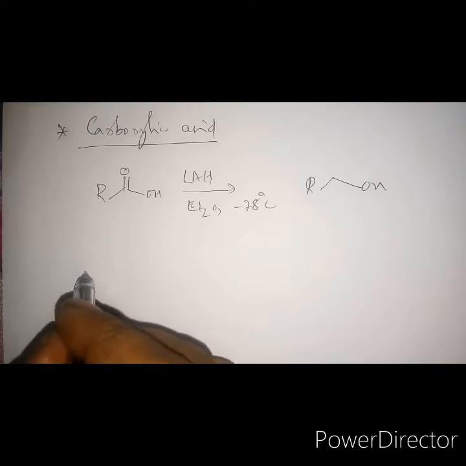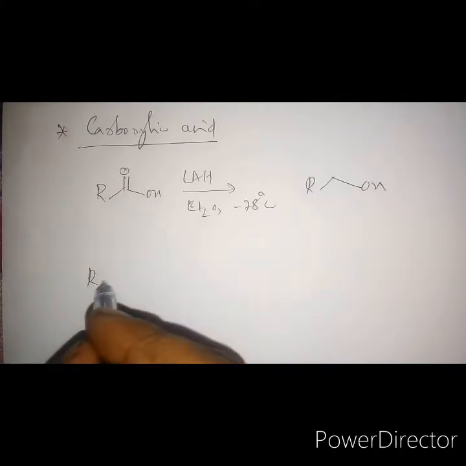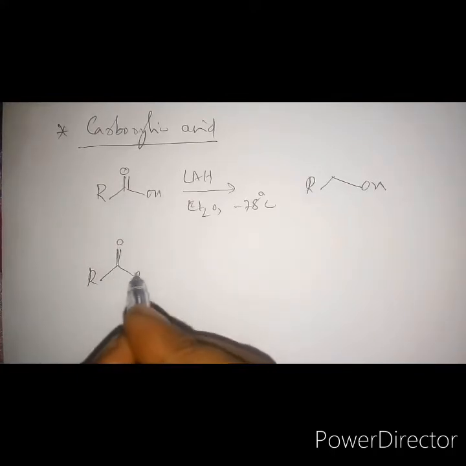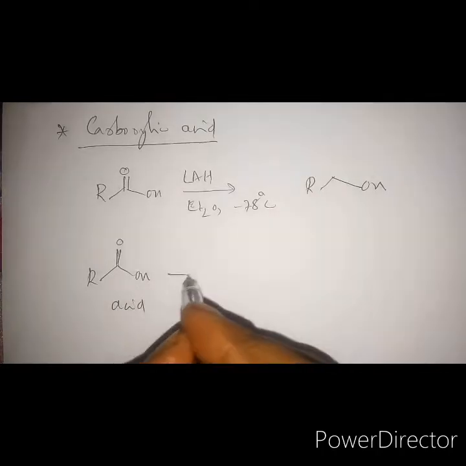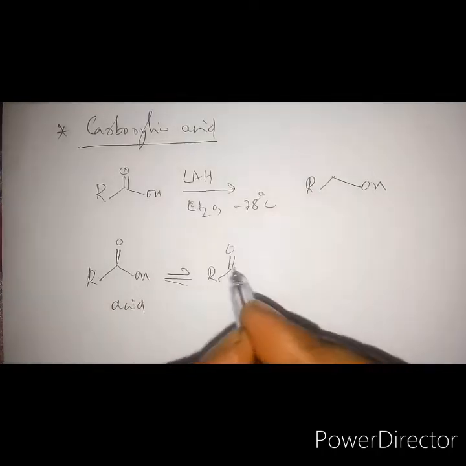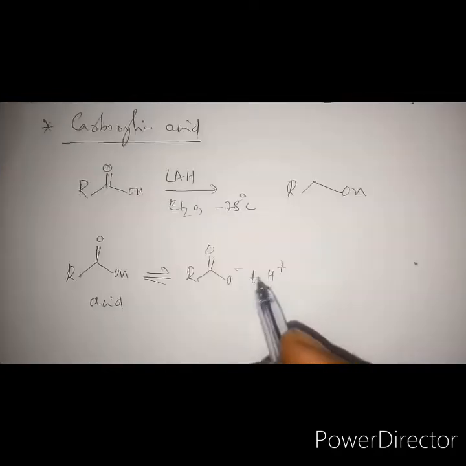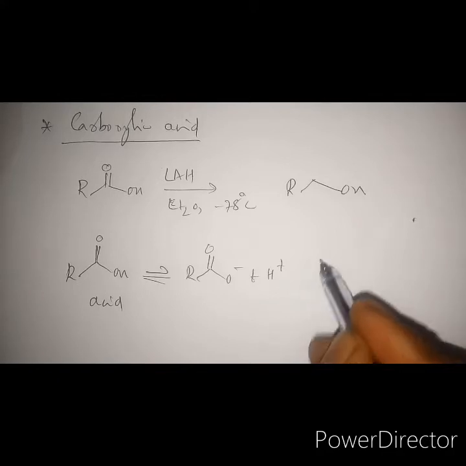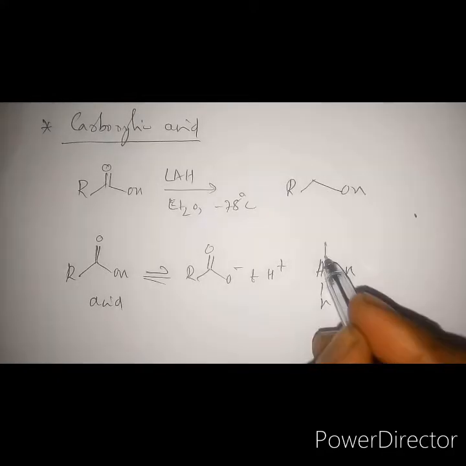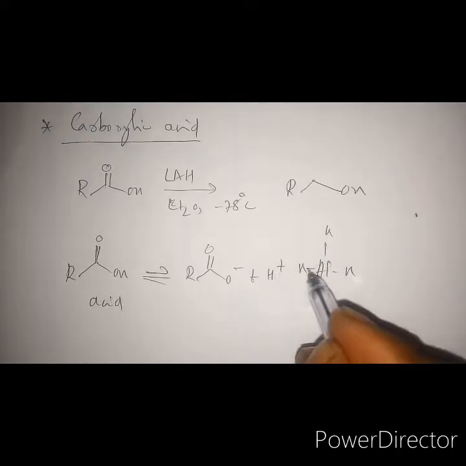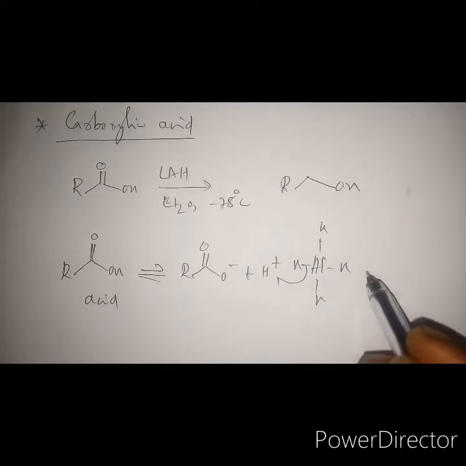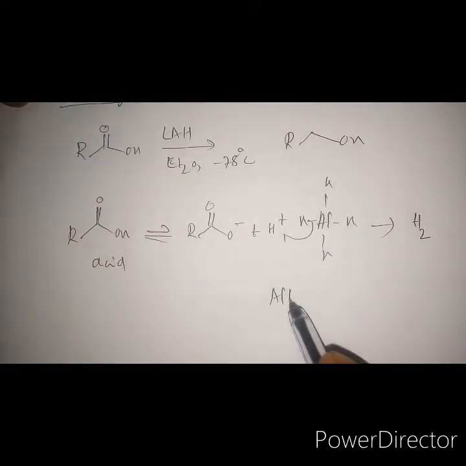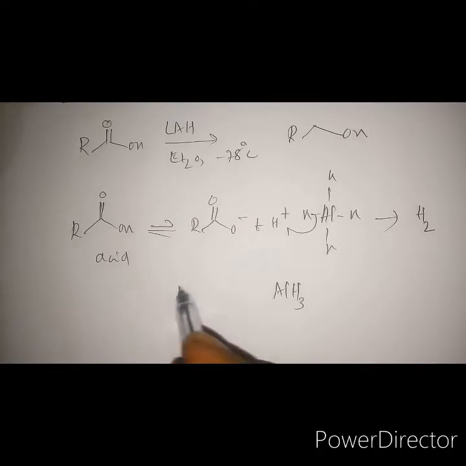Now the mechanism of this reaction: this is an acid, and acids are proton donors, so it will donate a proton, giving CO minus and H plus. Now this H plus and the H minus from lithium aluminum hydride, AlH4 minus, will react to give H2. What remains is aluminum trihydride and RCOO minus.